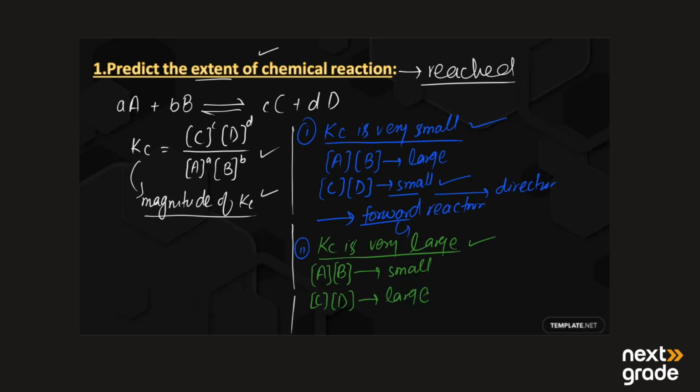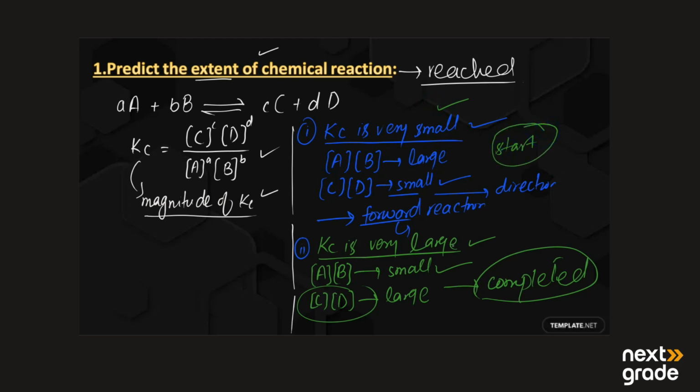So the equilibrium mixture will mainly consist of the products, or entirely products, and a small amount of reactants will be present. This indicates that the reaction is completed in the forward direction. It means the reaction is almost completed. And if the value is very small, then the reaction is almost at the beginning or the start. And if Kc is very large, then the reaction is completed.